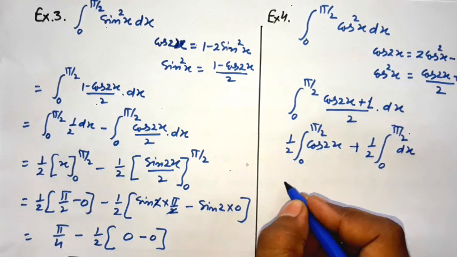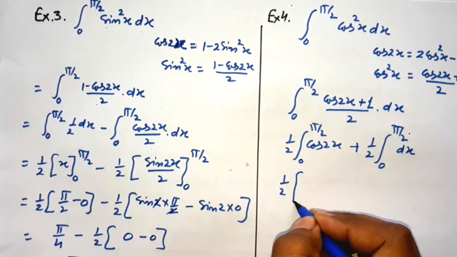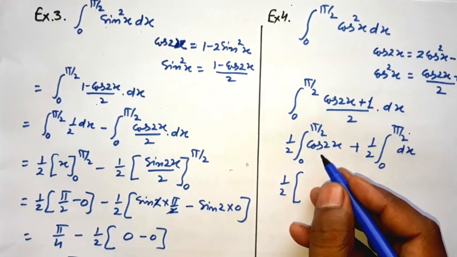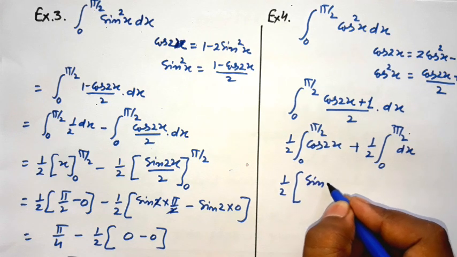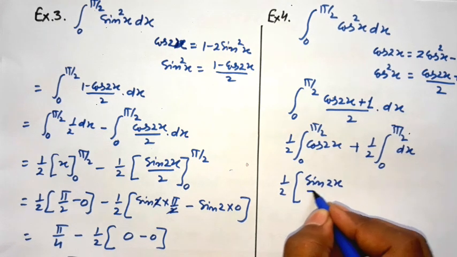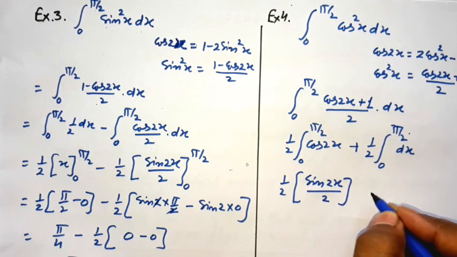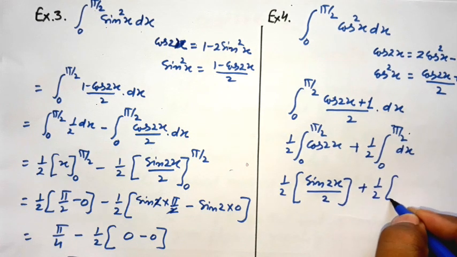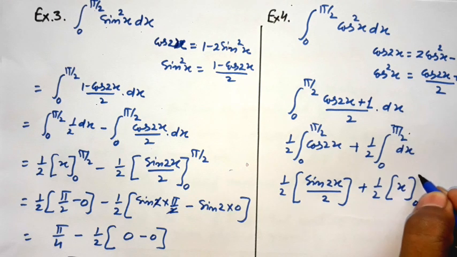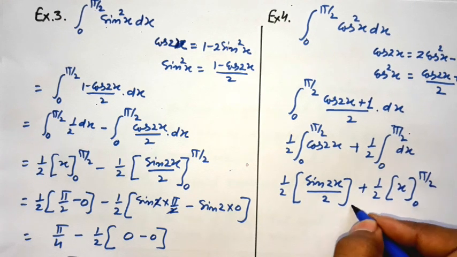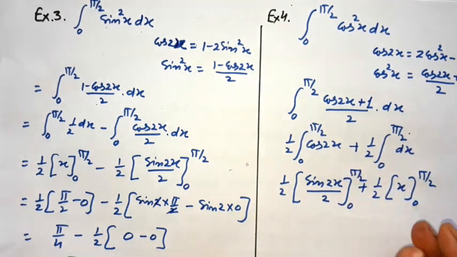Now we will integrate. The value of integration of cos 2x will be sin 2x upon 2, plus 1 by 2 integration of dx, which is x, and the limit will be 0 to pi by 2.